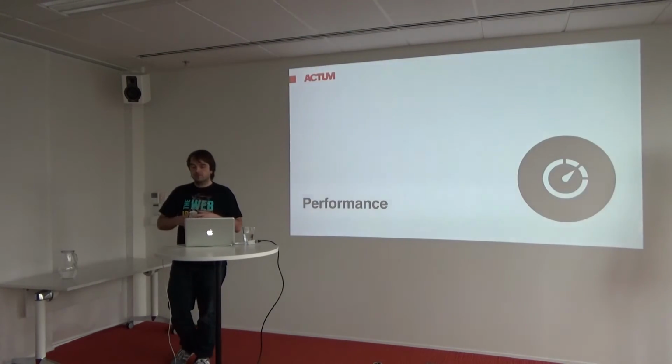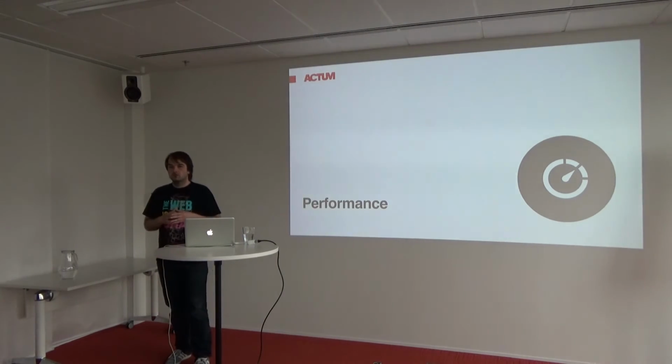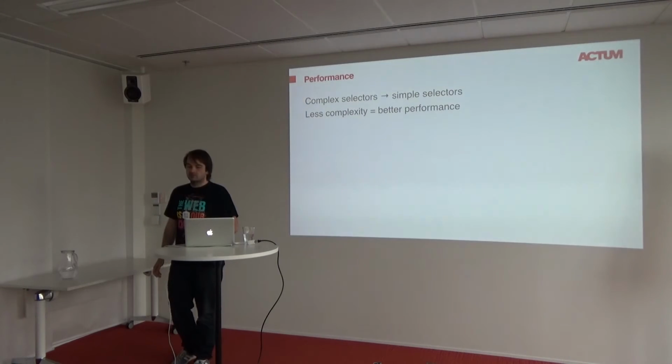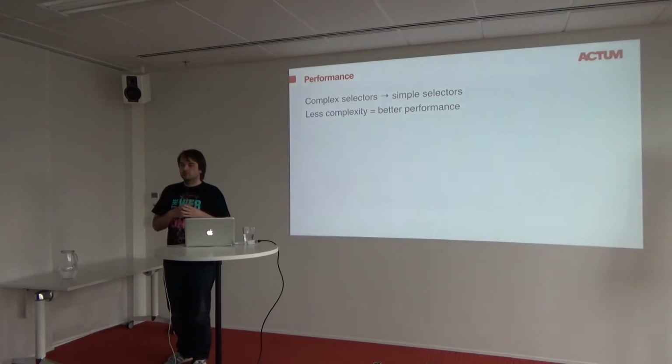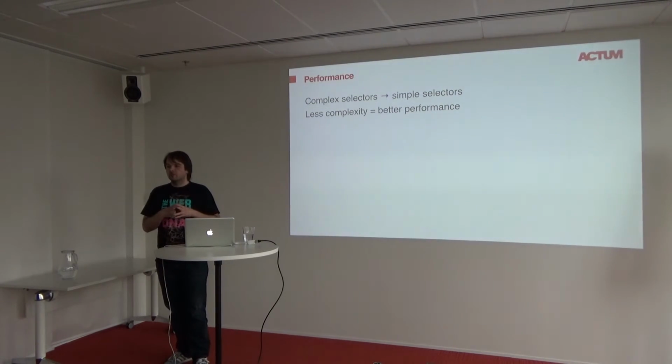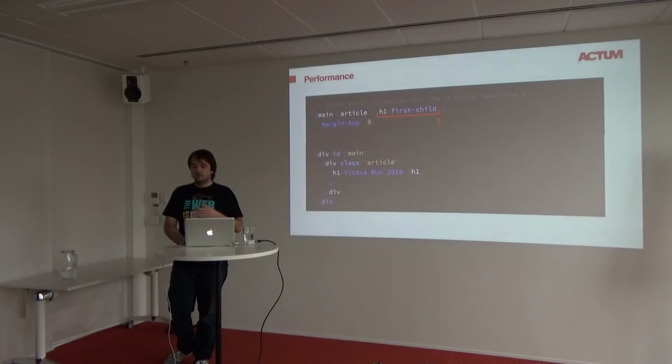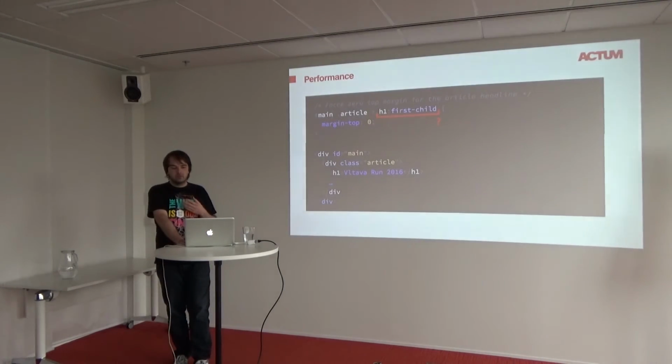Now, performance, our third pillar of reusable CSS. We moved from complex selectors to simple ones. So the less complex the selector is, the better the performance is in the end. You remember the example of the browser rendering process.